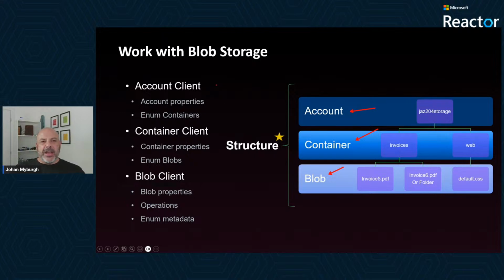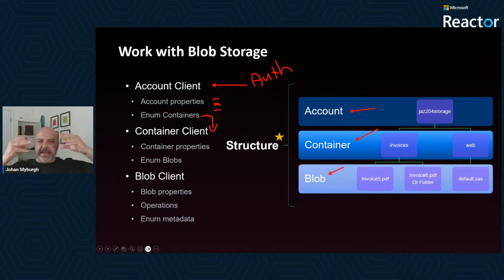I instantiate an account client. This is where I can authenticate. And then out of this, I can read and enumerate some of the properties for the storage account, the account kind, the replication options, etc. But I can also enumerate the containers.